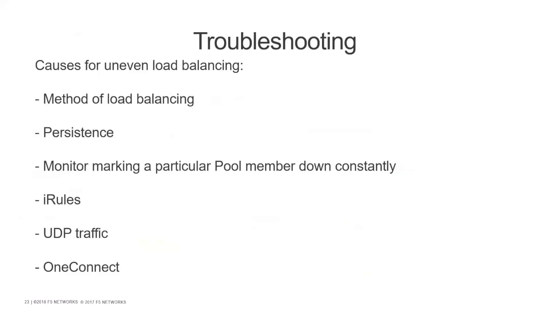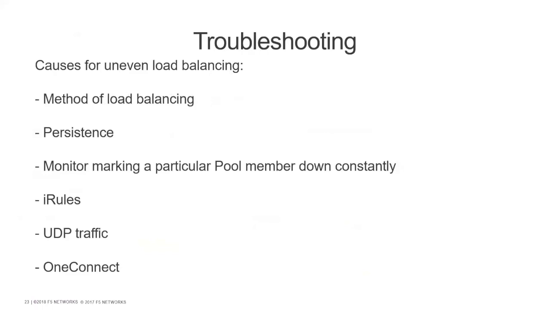When multiple UDP datagrams are sent from the same IP address and port to a UDP virtual server, the BIG-IP system by default will send all datagrams that arrive within the idle timeout period to the same pool member. So this can result in uneven load balancing. And we will check how to address this later in the resources.